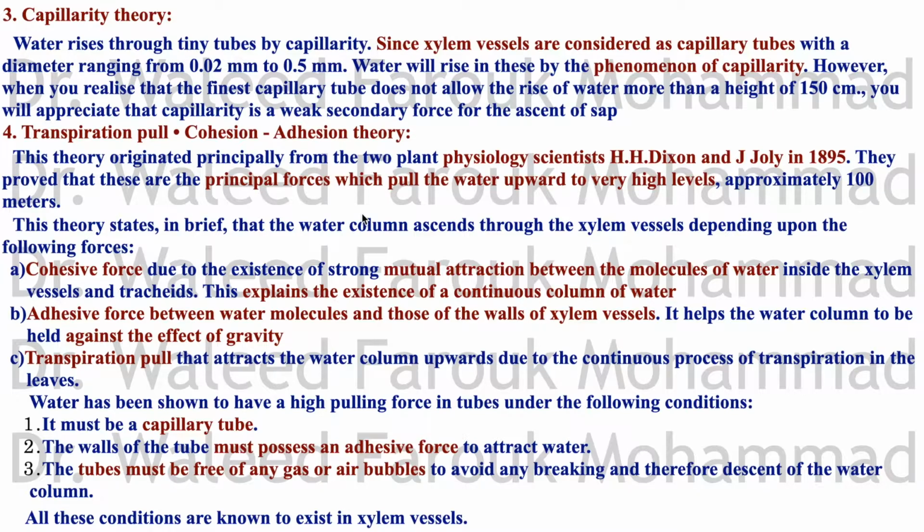This transpiration pull maintains the column of water always being there. It's proven by two scientists called Dixon and Jolly, and they proved that the principal force which pulls the water upward to a very high level is transpiration.